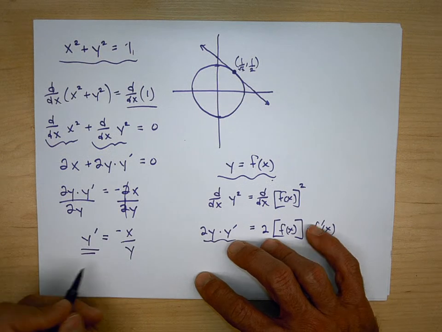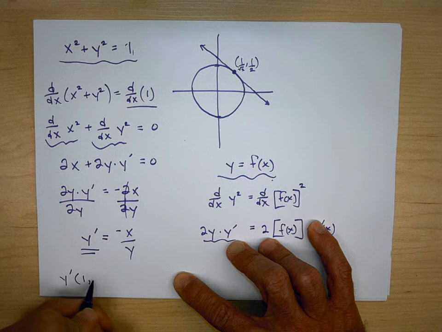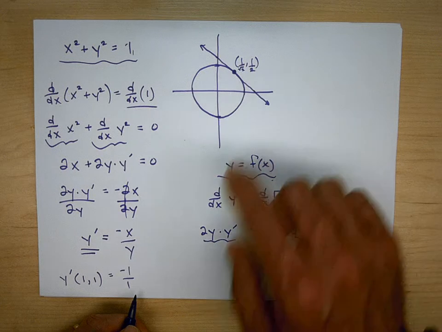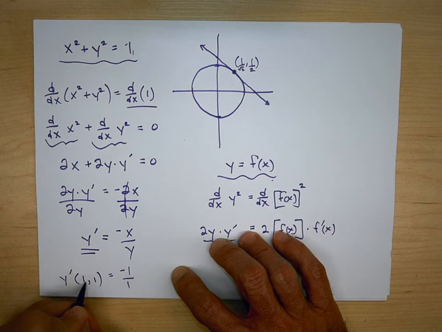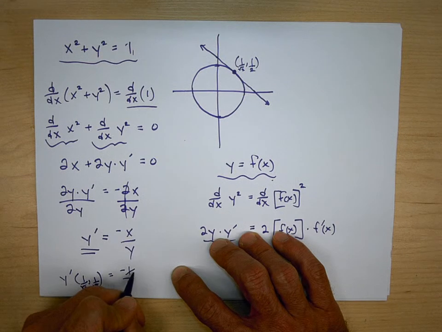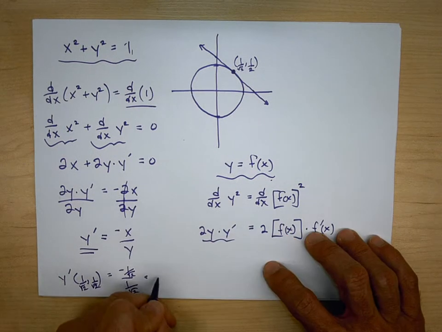So notice then, y prime evaluated at 1, 1 would give us negative 1 over 1, although that's not actually our point. Our point is 1 over square root of 2, 1 over square root of 2. That still works though, because negative 1 over square root of 2 over 1 over the square root of 2 still gives us negative 1.